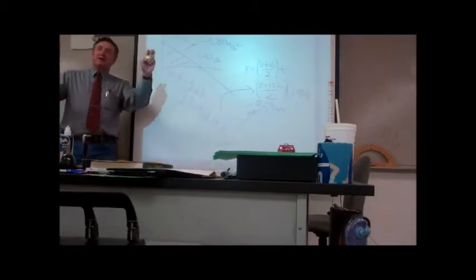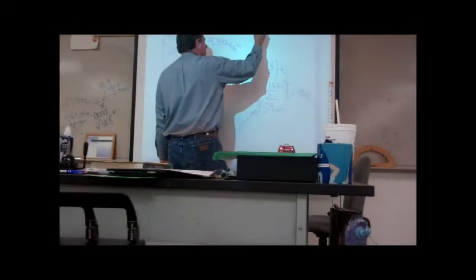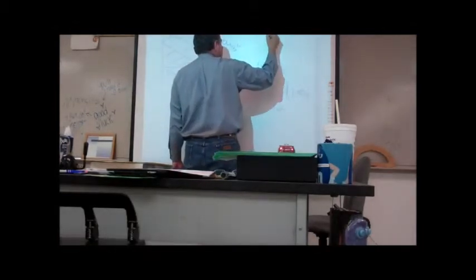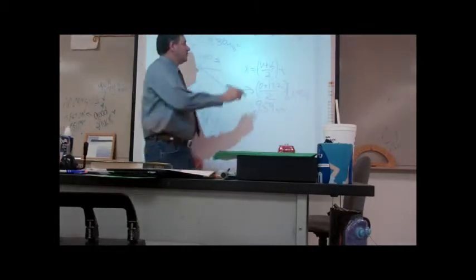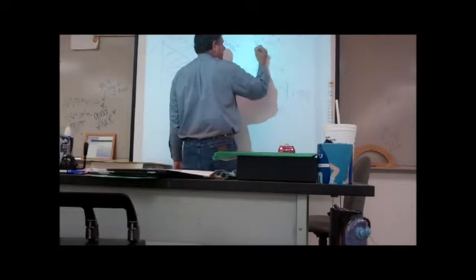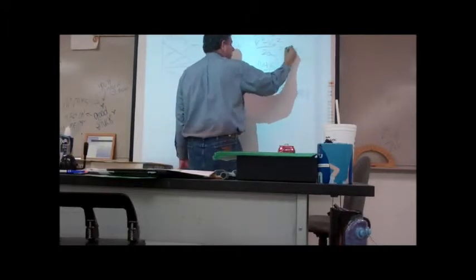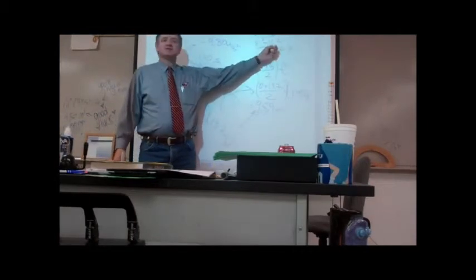Could I use that equation? I could. I could go v squared equals v naught squared plus 2ax. So I need to find x, right? So I got v squared minus v naught squared over 2a is going to equal x. Beautiful. Do I know my final velocity? Do I know my initial velocity?